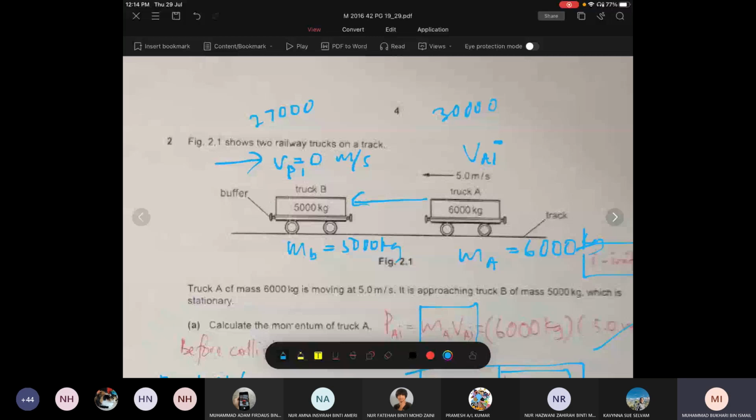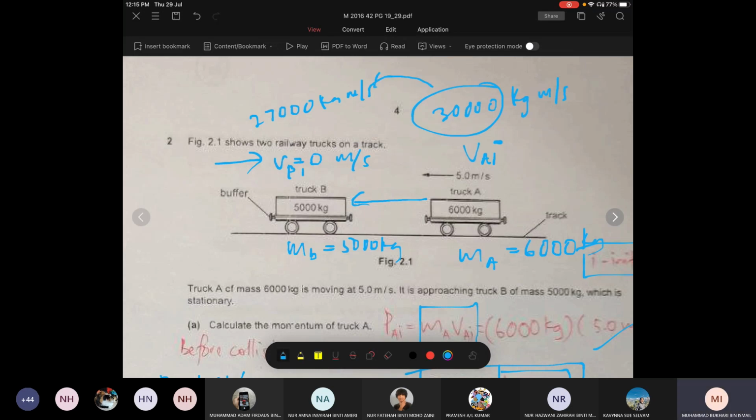Is there any difference? 30,000 and 27,000, you can see the difference, right? The difference is 3,000. We have learned about conservation of momentum. The momentum before and after collision should be the same, but you can see here it's not the same.